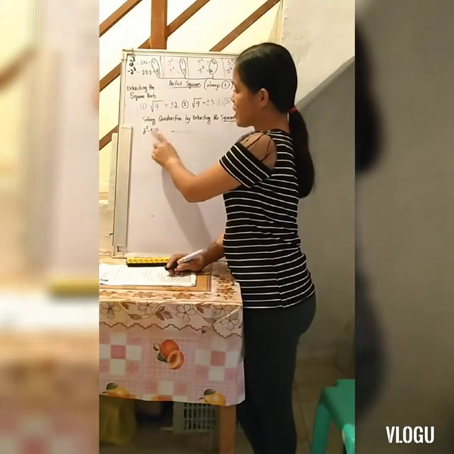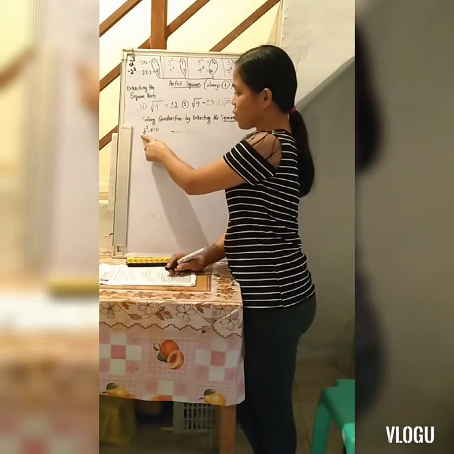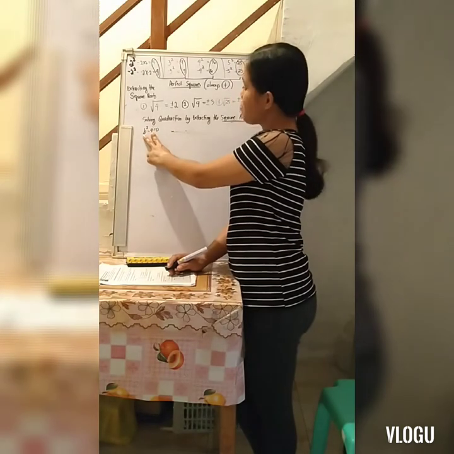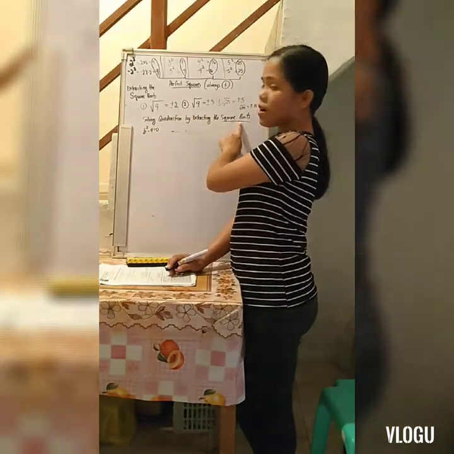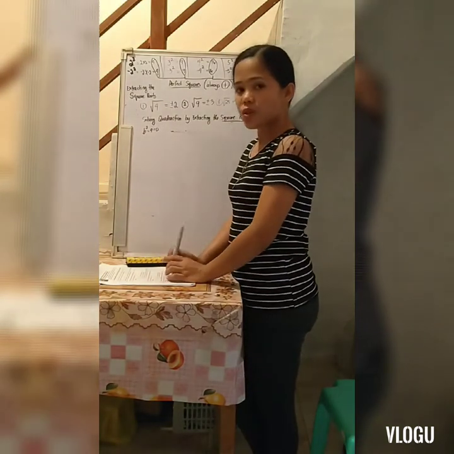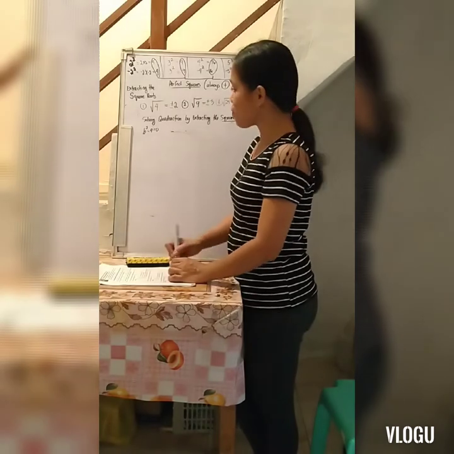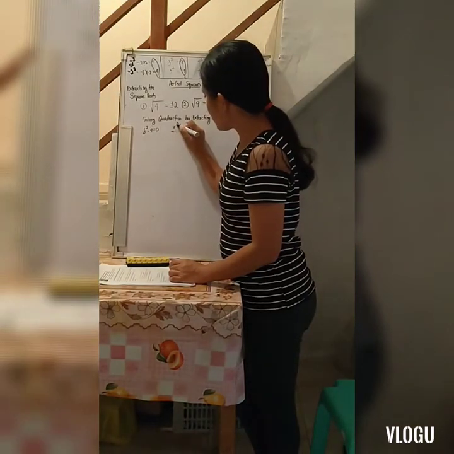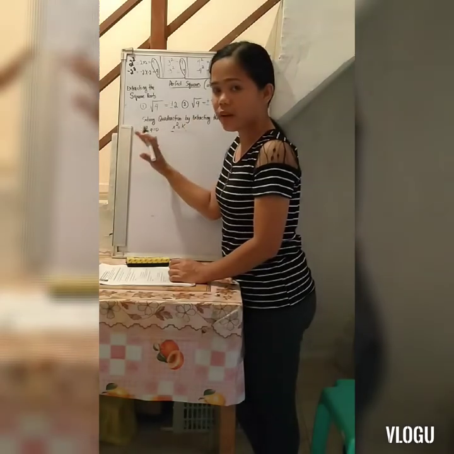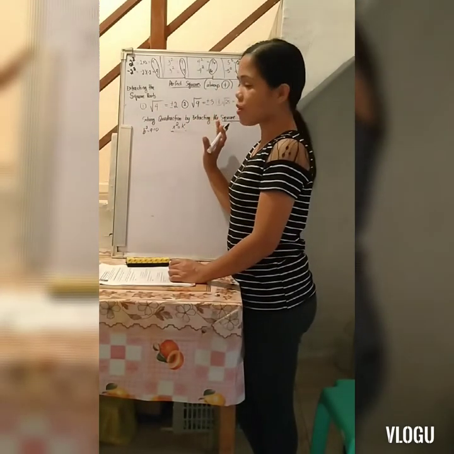So equations like this, wherein you're only given the quadratic term and the constant, can be solved by the method of extracting the square root. So the first thing that you need to do is to transform this into the format x squared equals k. So your quadratic term on one side and the constant on the other side.